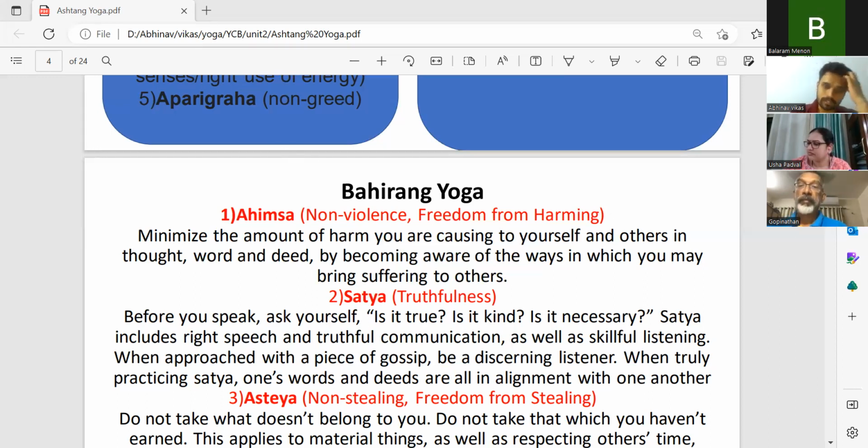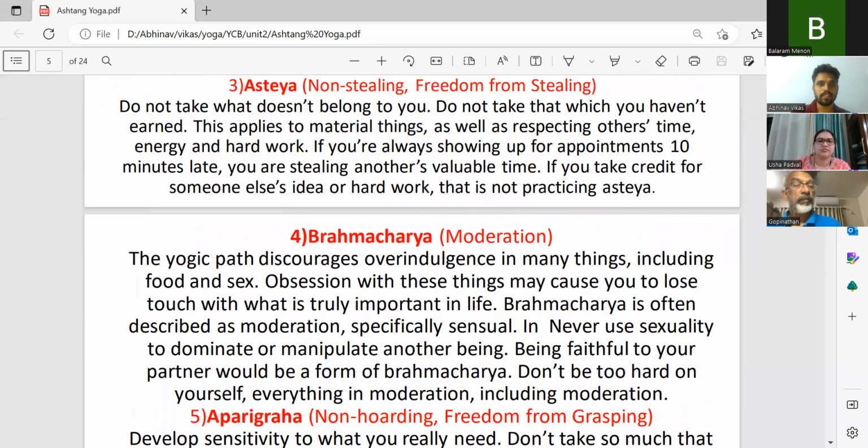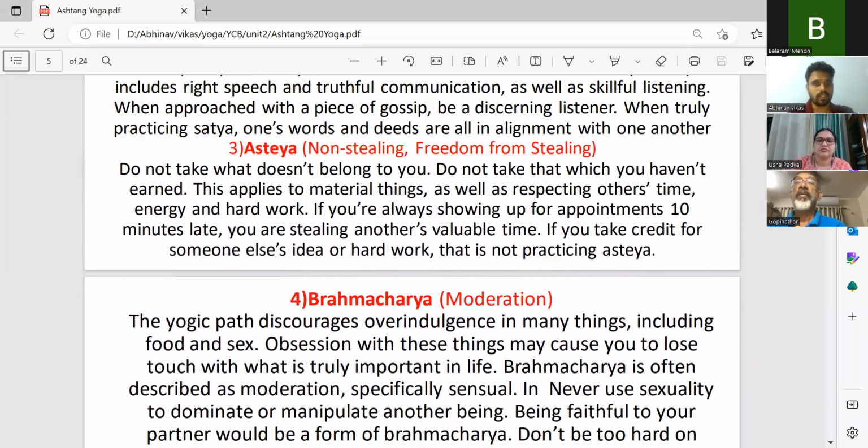The next one is asteya. Asteya pratishthayam sarvaratnopasthanam. Steya means stealing, so asteya means non-stealing. Do not take what does not belong to you.